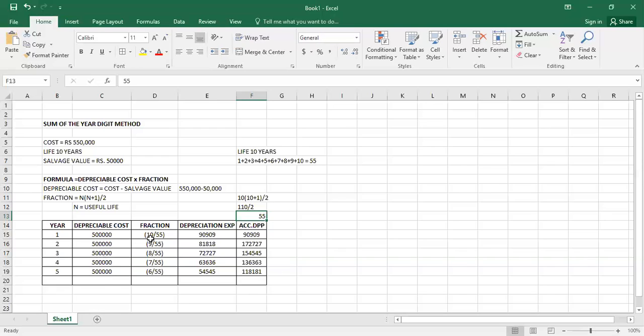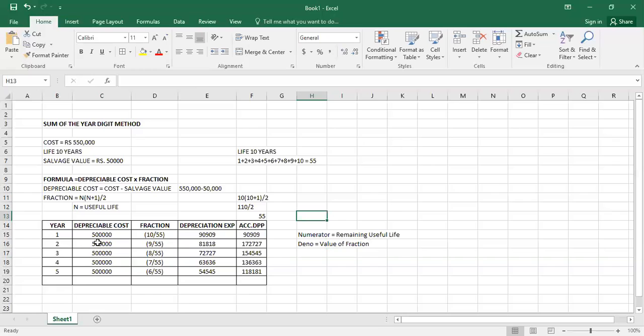The numerator indicates the remaining useful life, whereas the denominator is the value resulting from your fraction formula, and it will remain the same.